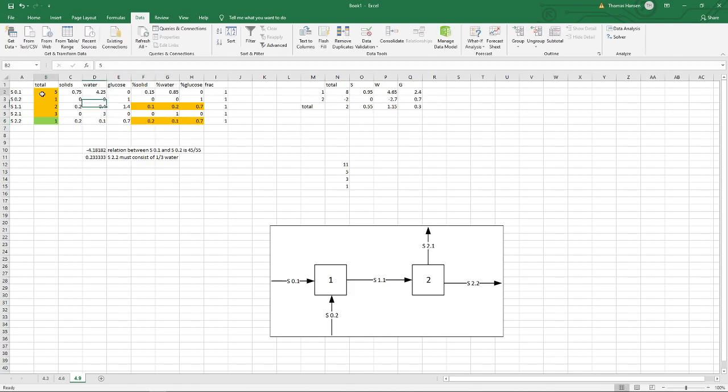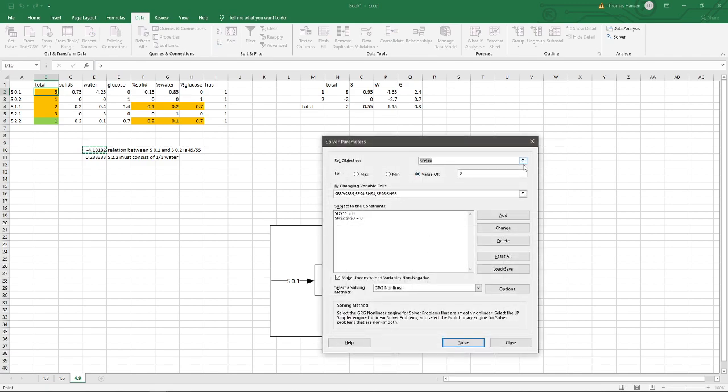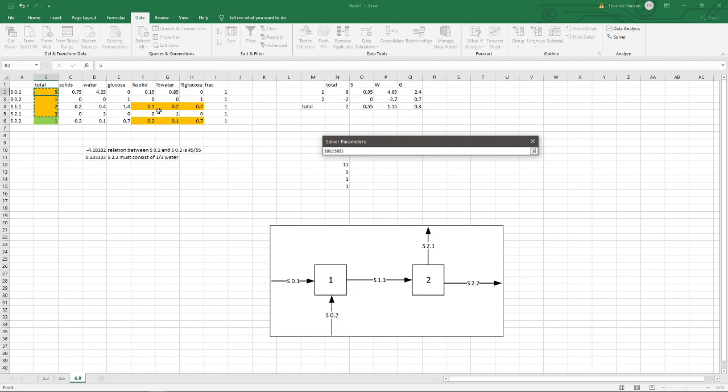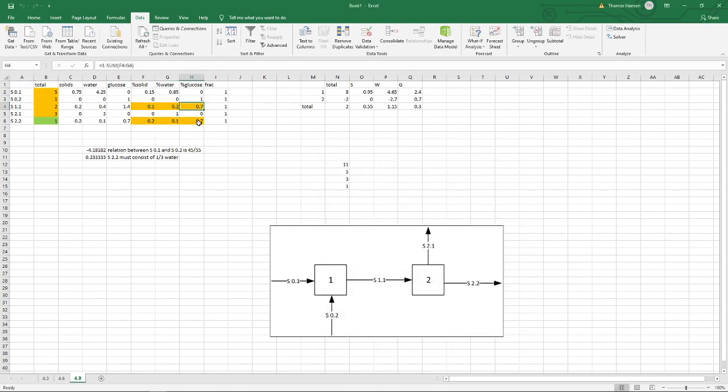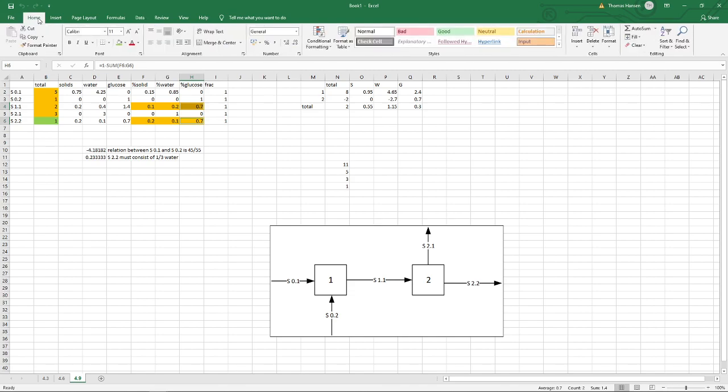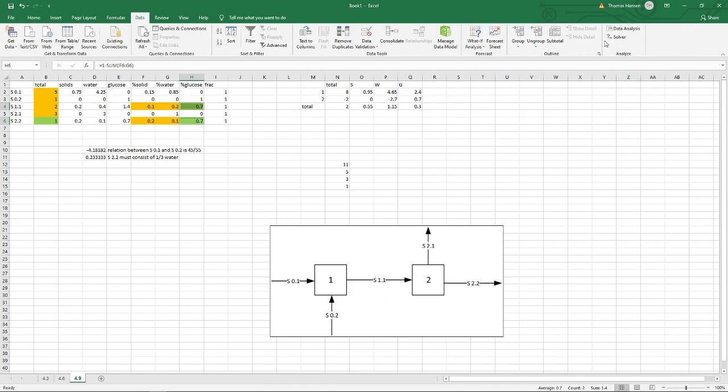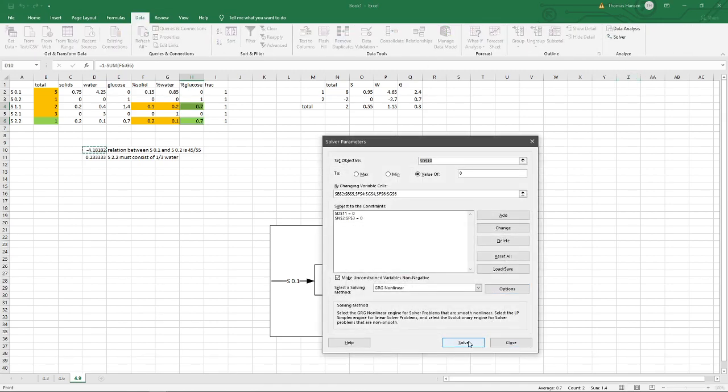And then I just need to check my conditions again because Excel can only change these, these and these. And just to be nice, I will add the green color to these and solve it. Let's see what happens.